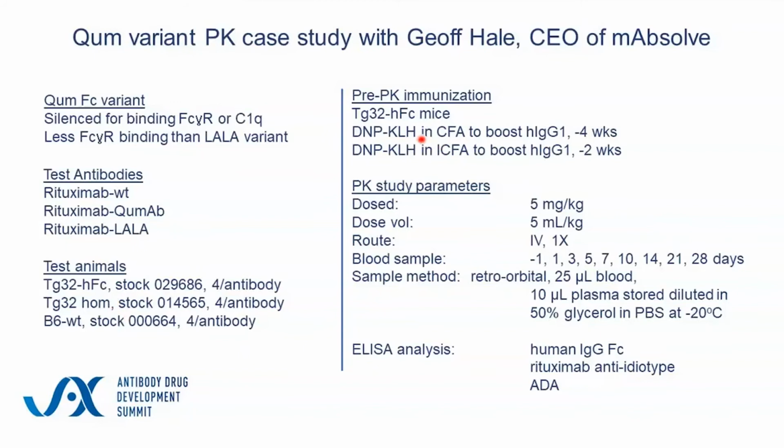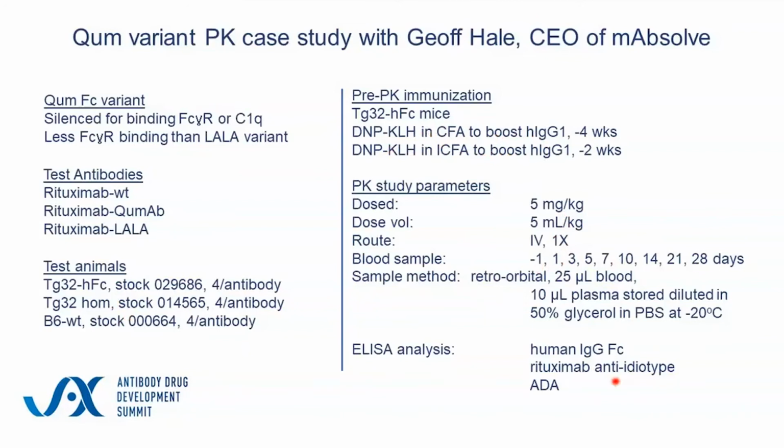We boosted the mice with DMPK-LH 4 weeks before the PK study, as well as again 2 weeks before the PK study began. And the mice were dosed 5 mg per kg, and blood samples were collected as indicated.